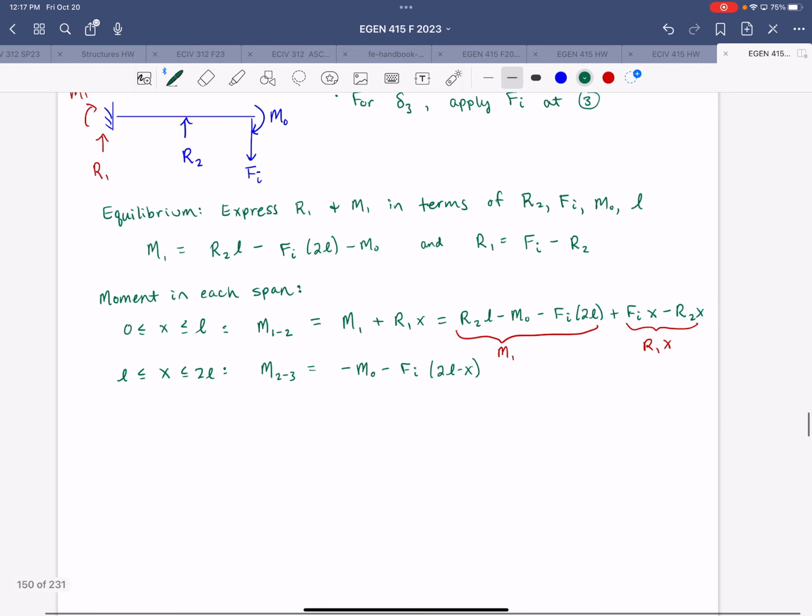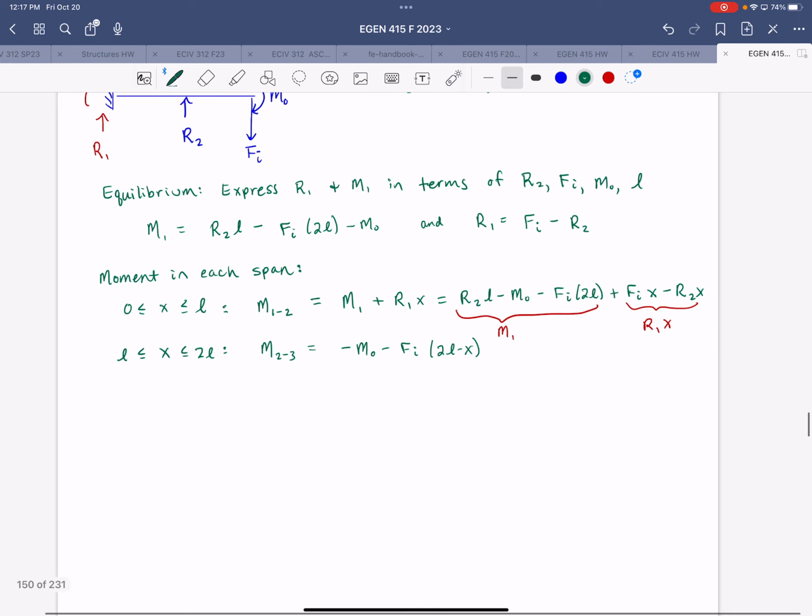So it's already in terms of only applied forces. We don't have to make any substitutions there. So now we're ready to apply Castigliano's theorem.